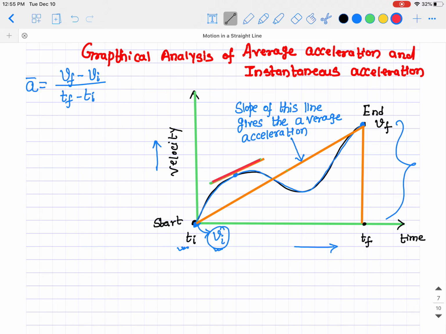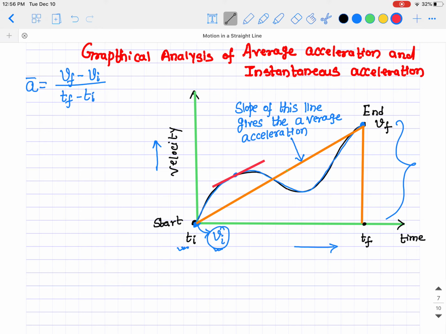I'll just use a different color, this color. So if we draw a tangent at this point, the slope of this tangent gives you the instantaneous acceleration.